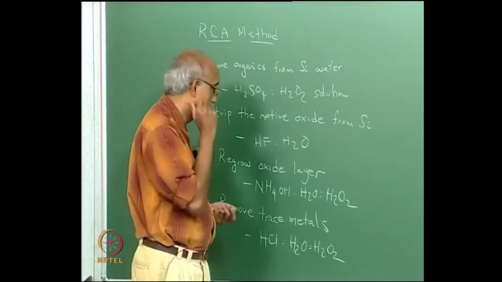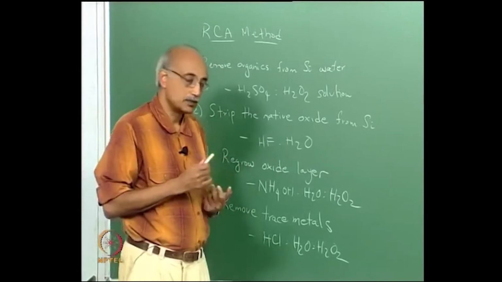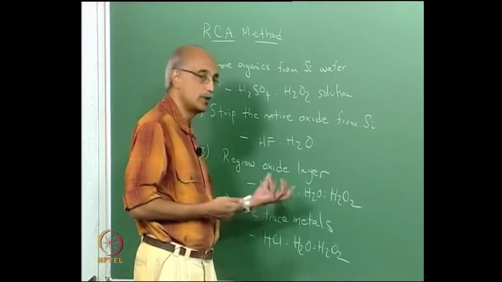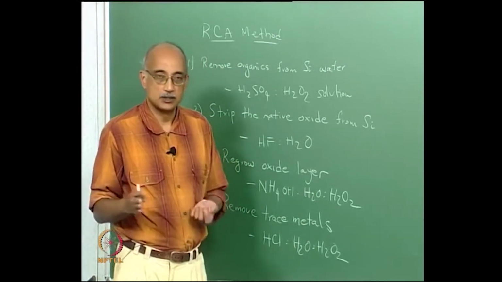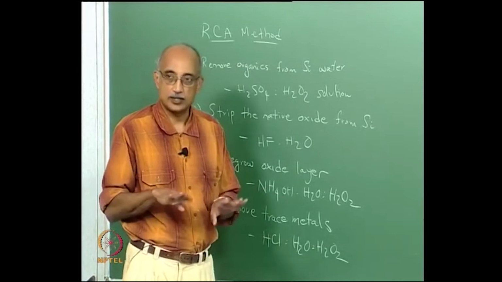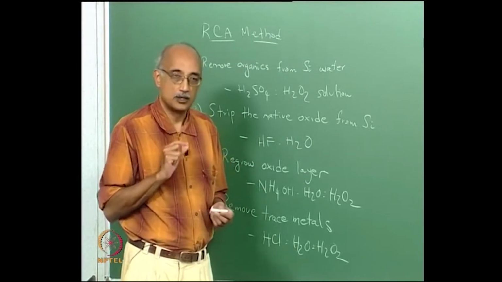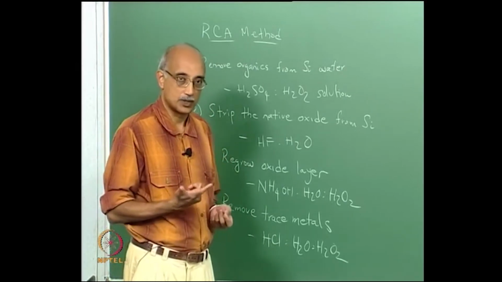Of course, the other problem with this type of a process is the requirement of a drying step afterwards. There are going to be liquid residues on the surface which have to be completely removed from the surface, and then the surface has to be dried so that not even a monolayer of moisture remains on the surface. So, that adds complexity as well as cost to the process.